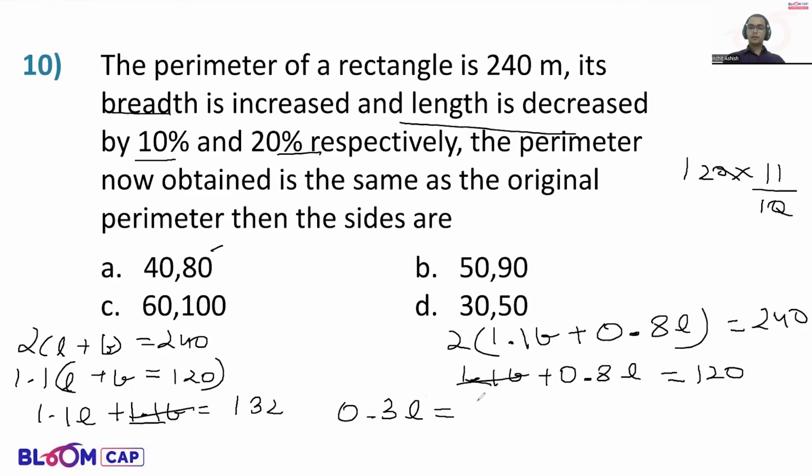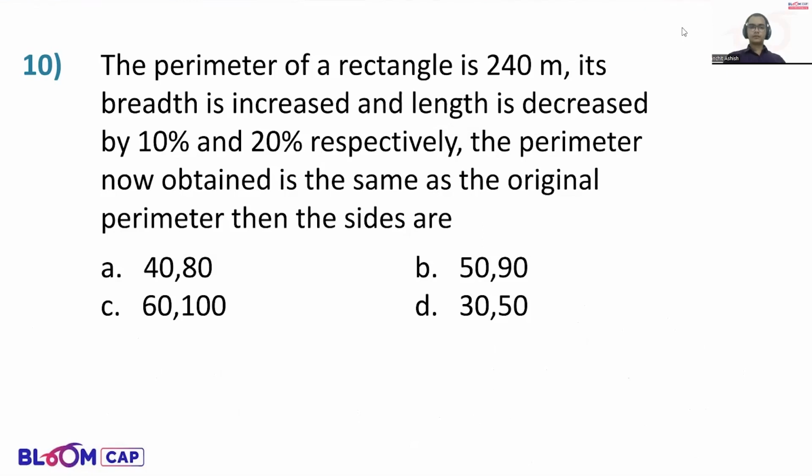Now L is equal to 12 into 10 by 3, or L is equal to 40, which is the answer that we got using the original method also. So the answer here is 40 and 80. We've simply formed an equation and solved it with the help of that. Now let's go on to the next question.